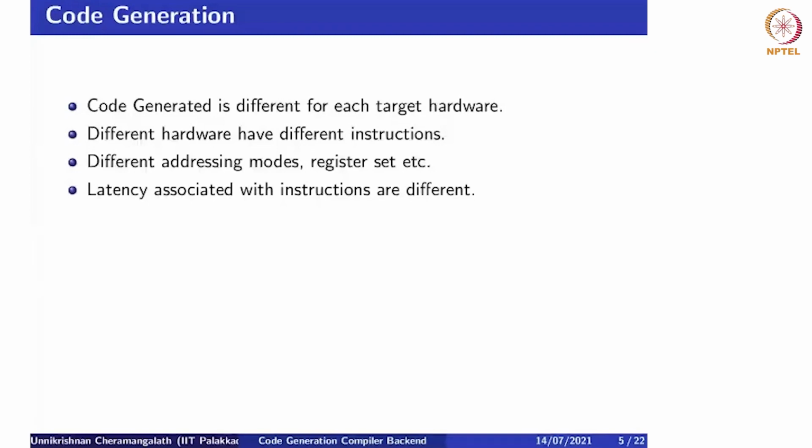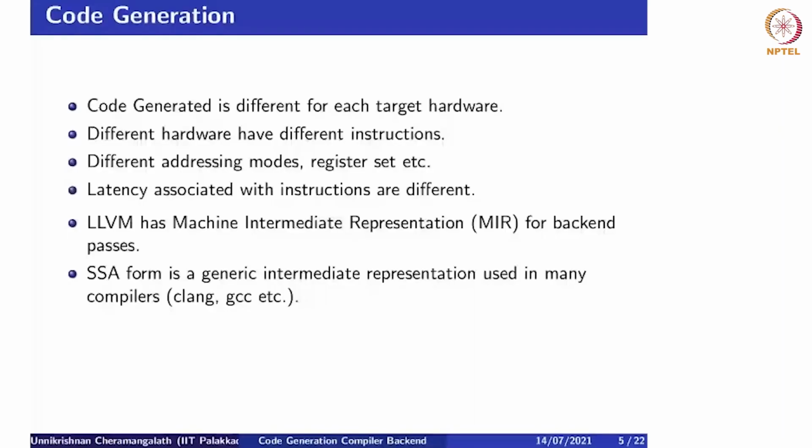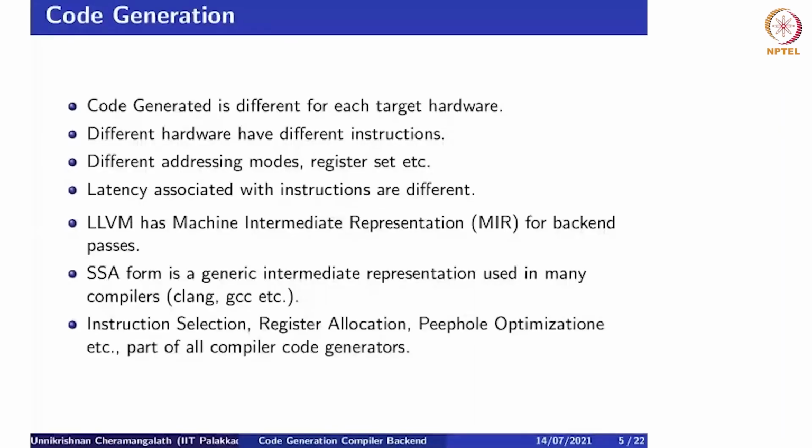So LLVM has a machine intermediate representation. It's called MIR, for the backend passes. What I worked with in LLVM IR is called a midline pass. SSA form is a generic intermediate representation used in many compilers like Clang, GCC, etc. We will not be looking into SSA form, but this is generic. Instruction selection, register allocation, peephole optimization, etc. are part of the compiler code generator.